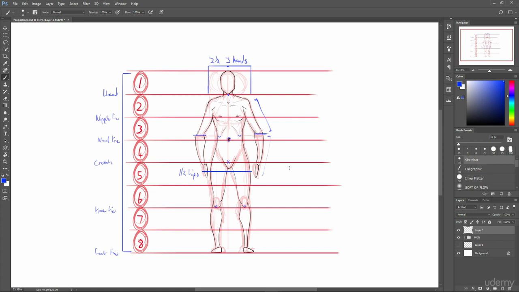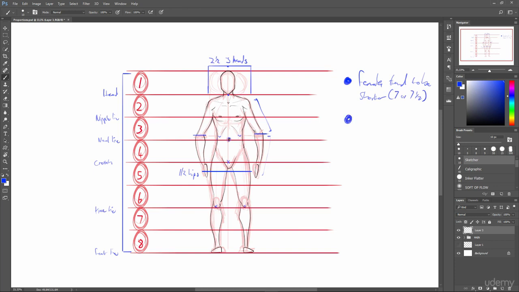And really, there are two core differences, okay? The first one is that females tend to be shorter, right? So what you can do is just draw them at maybe 7 or 7.5 heads, right? So they generally tend to be shorter than your idealistic male proportions.